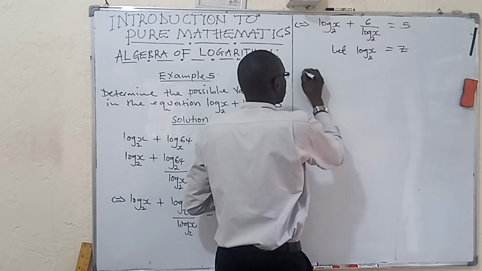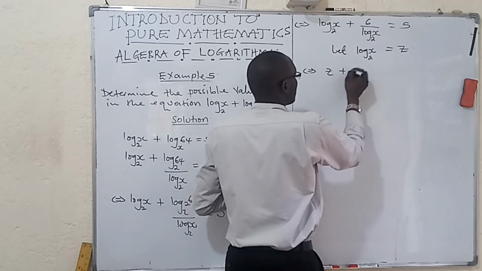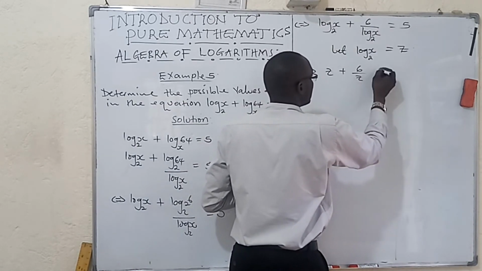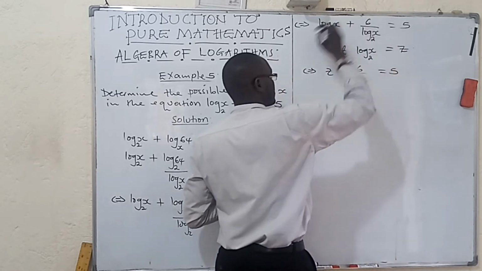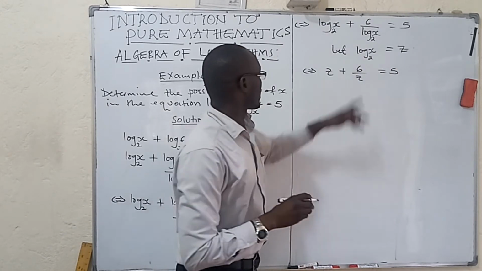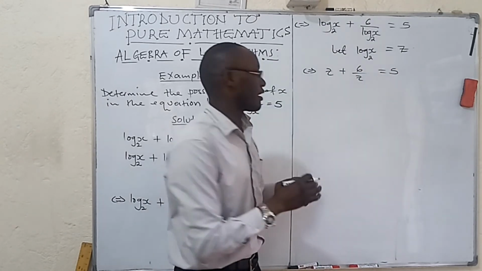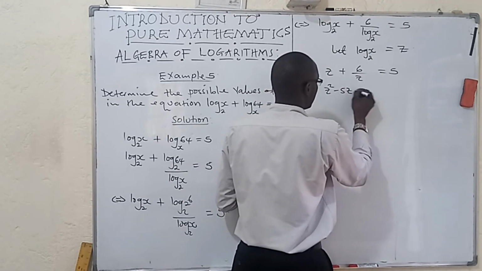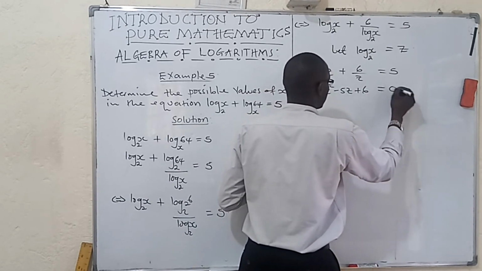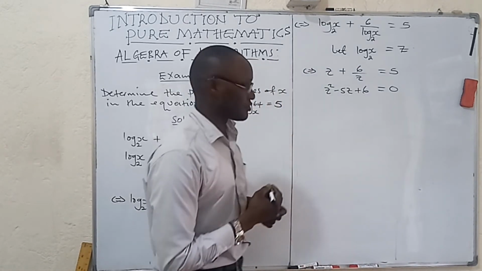So I get z plus 6 over z is equivalent to 5. I can multiply through by z and rearrange, giving z squared minus 5z plus 6 is equal to 0. This is a quadratic equation.